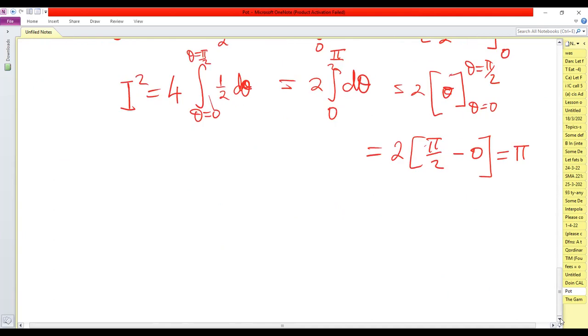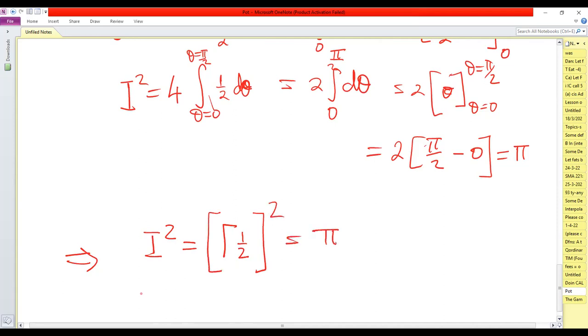So this means that I squared, remember I squared was the same as the value of gamma of a half squared, is given by pi. So I alone, which is gamma of a half, is given by the square root of pi.